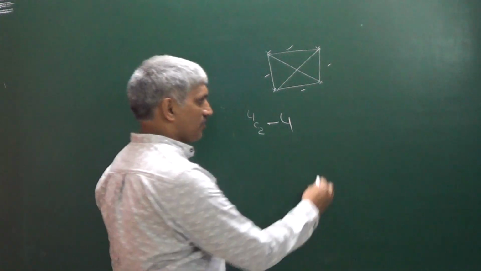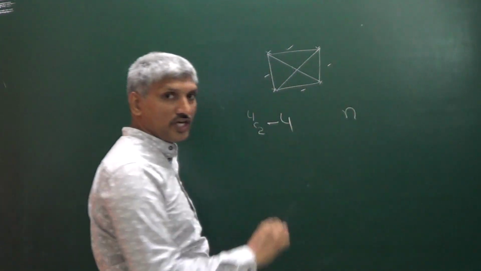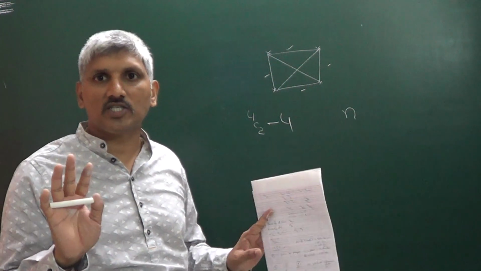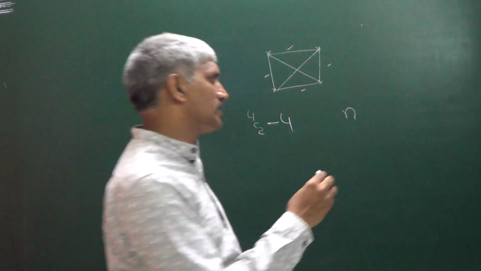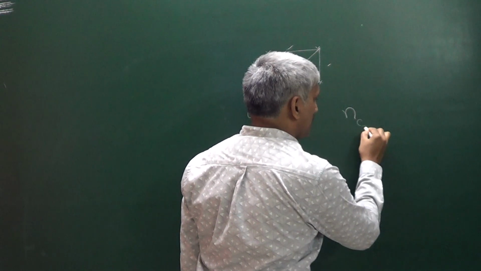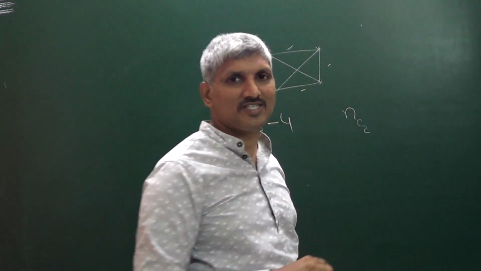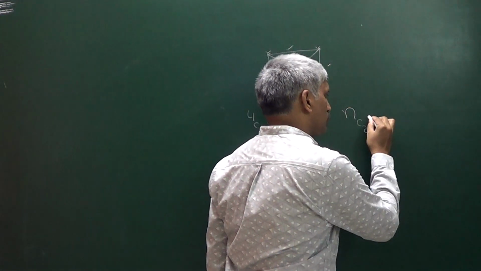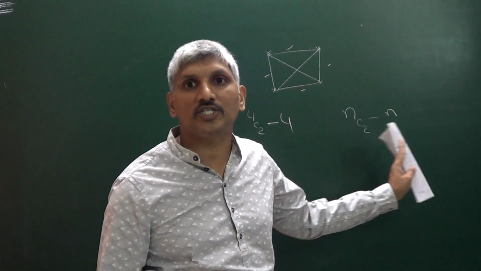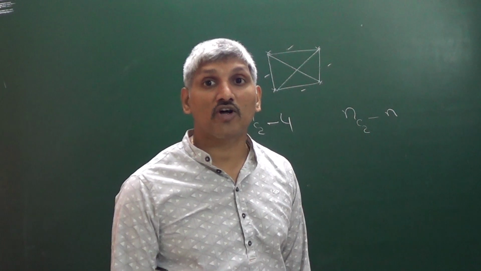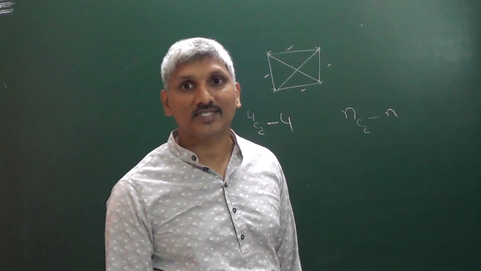That's why if n sides of polygon is there, n vertices are there, then the number of diagonals is equal to nC2 lines are possible. From those nC2 lines, subtract n sides. nC2 minus n is the answer for number of diagonals of n sides of polygon.